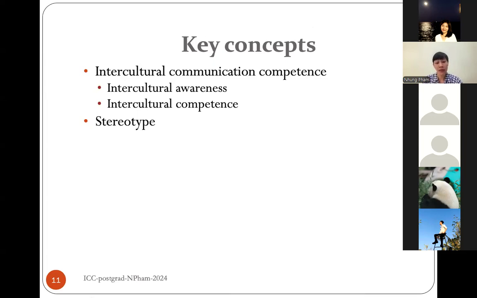Now, in this ability to communicate in intercultural context, it is often divided into two completely different levels of competence. The first one is called intercultural awareness. Intercultural awareness is the lowest level of intercultural communication competence.